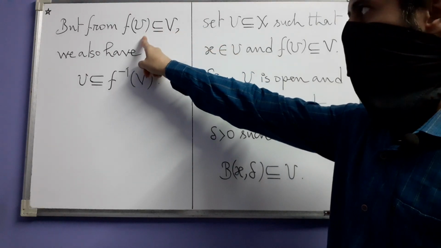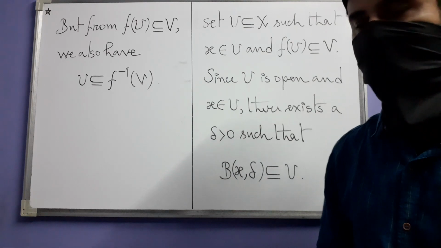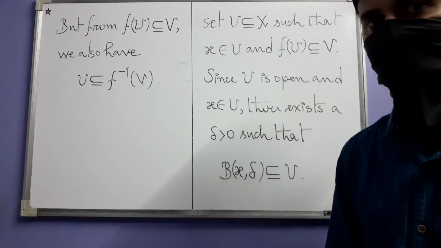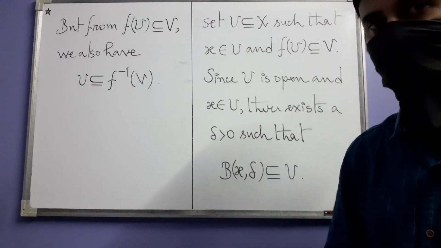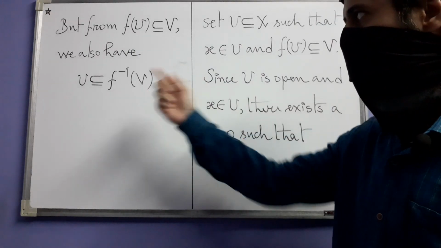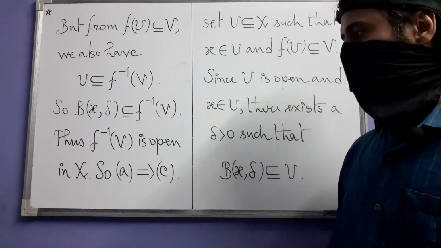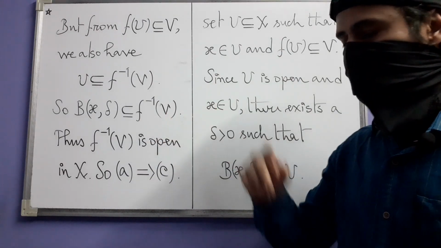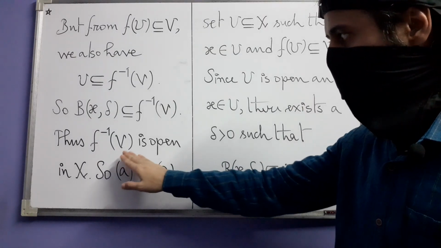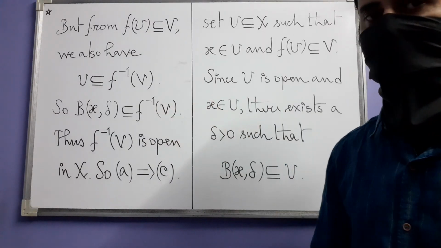From this containment, it follows easily that U is contained in f inverse of V. It's a simple set theoretic thing, okay. I am not going to elaborate on this, you should know this. So that means this ball is contained in U and U is contained in this, so this ball is contained in this inverse image. And then we have straight away written, thus f inverse of V is open in X. But if you want, you can write two more lines in between.